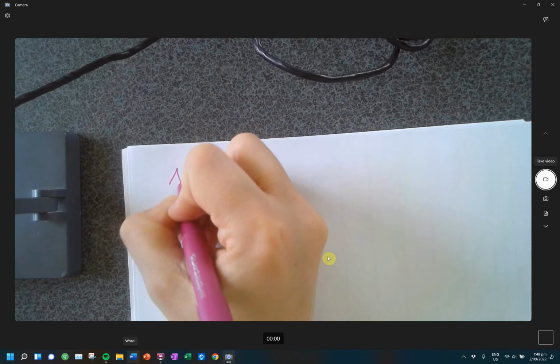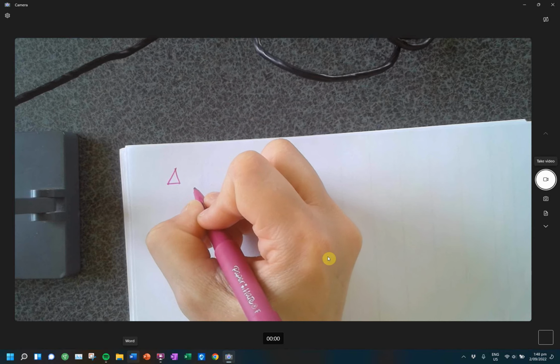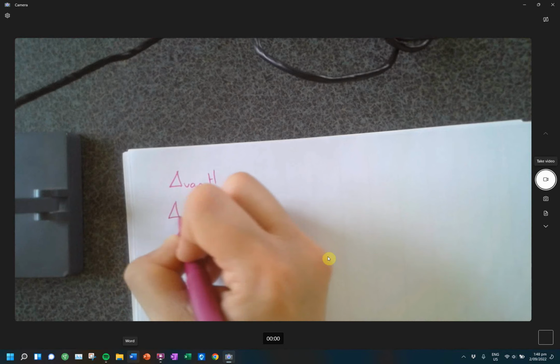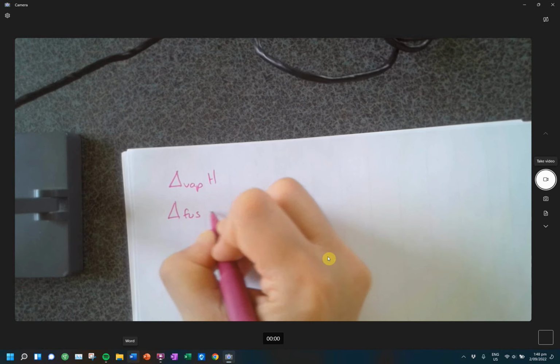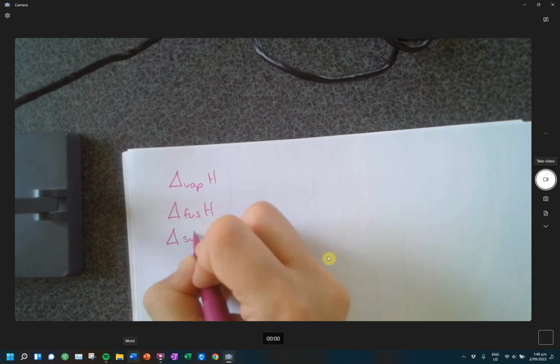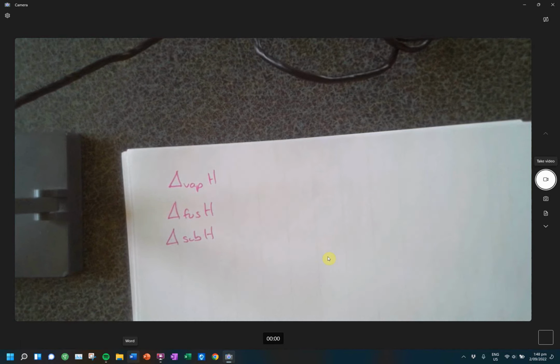We're going to learn some new things today about delta H. If you remember, we've talked about some of the delta H's so far. You've had the delta H of vaporization, fusion, and sublimation, which is going straight from solid to gas.